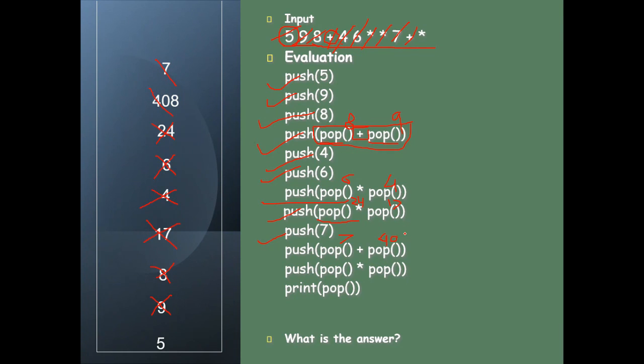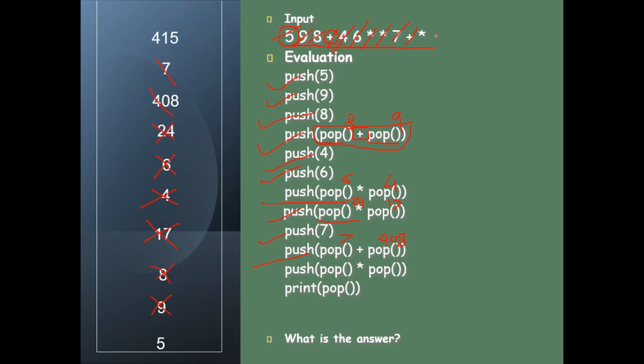The operation we are going to perform between 7 and 408 is addition. Whatever the result of 7 plus 408 is, we are going to push it into the stack. That result is 415. So we have pushed that into your stack.